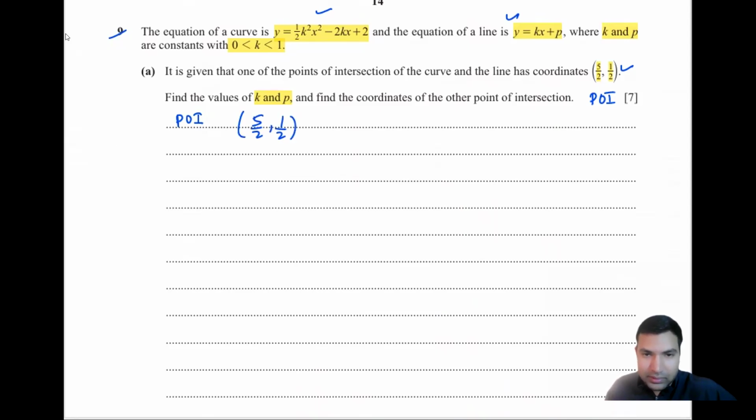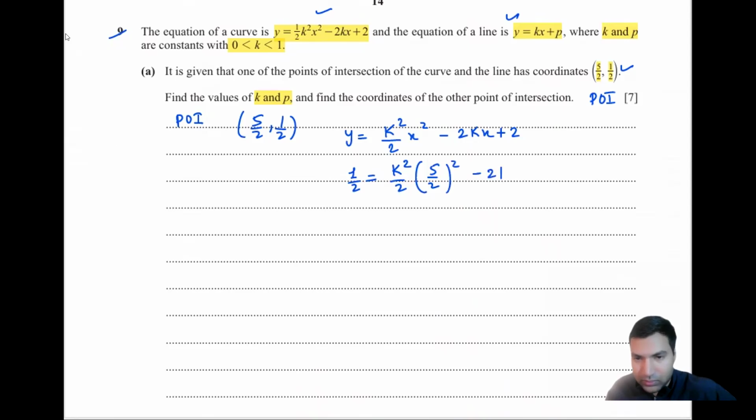So just plug this into the equation y equal to k squared over 2 x squared minus 2kx plus 2. The y value is 1/2. So k squared by 2, and this becomes (5/2) whole squared, minus 2k times 5/2, plus 2. Simplifying this further, we get k squared times 25/8 minus 5k plus 2.